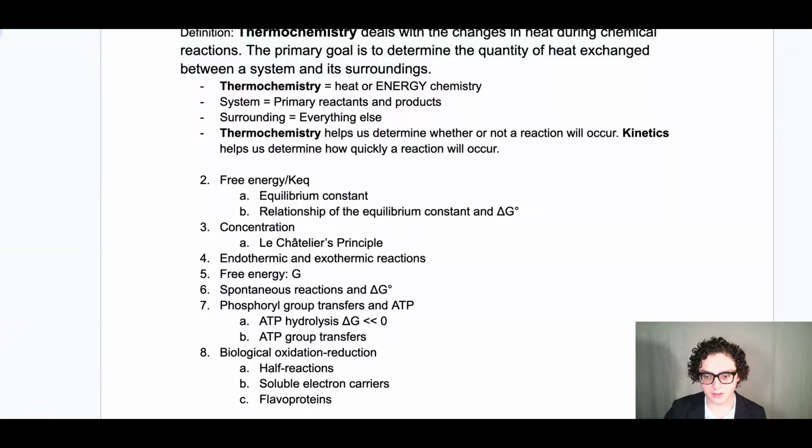So now I'm going to find a good definition of Gibbs free energy.